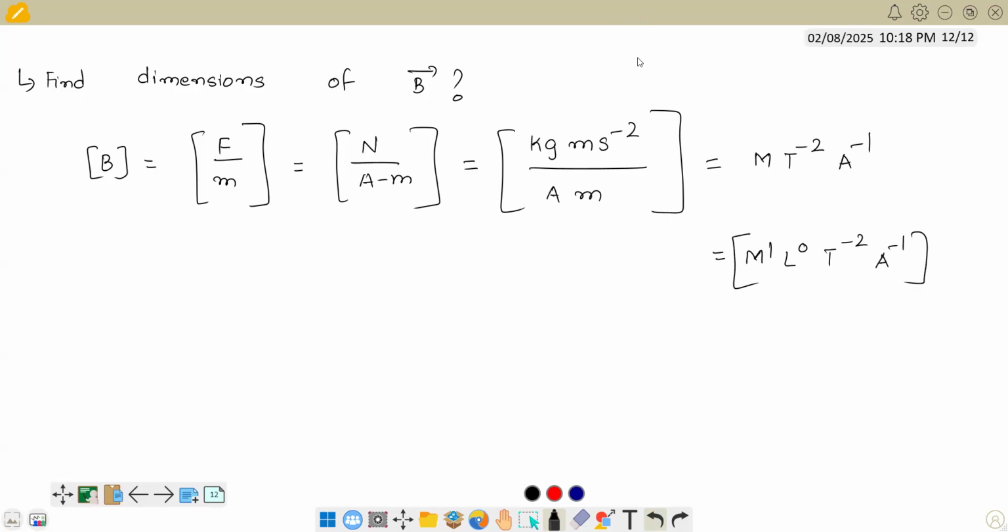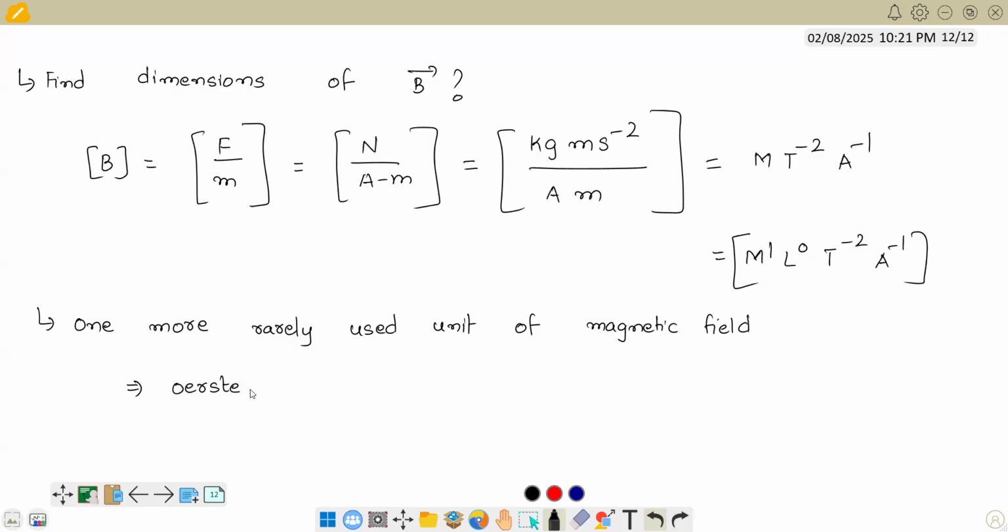Now let us go for the next one. See, there is one more rarely used unit of magnetic field. It is actually the Oersted.